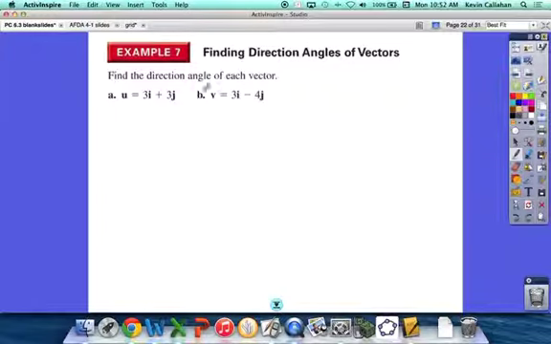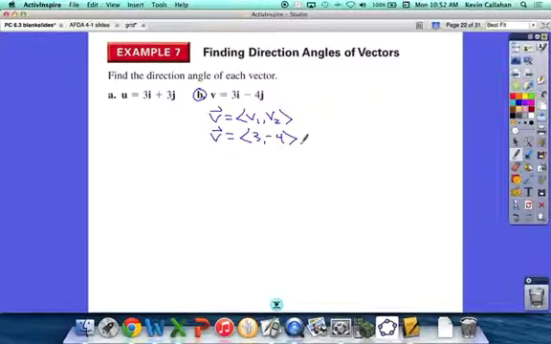Let's do this one, v. What is the value of v1? 3. What is the value of v2? -4, right? So if I write this in the component form, v1, v2, then it is 3, -4.